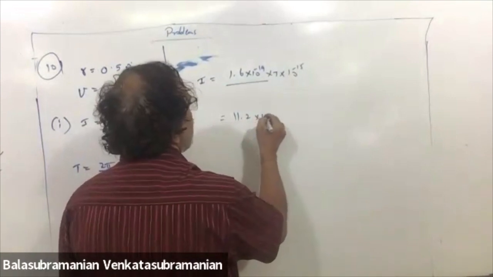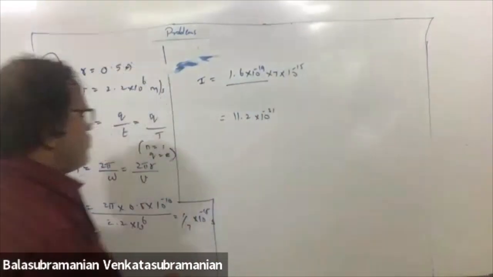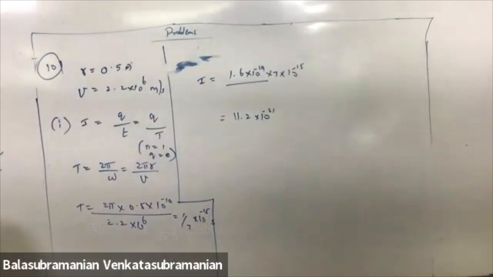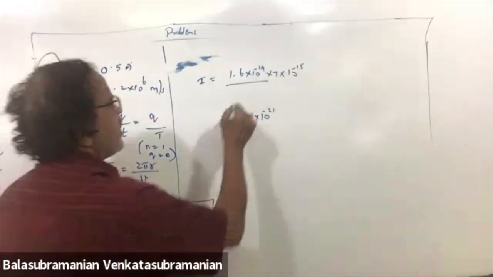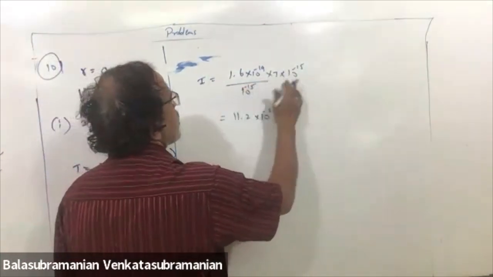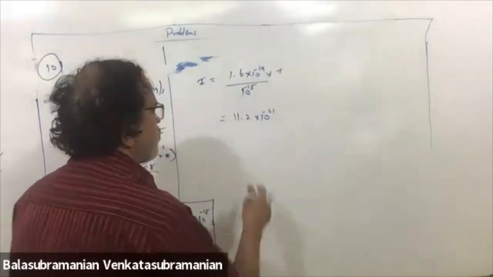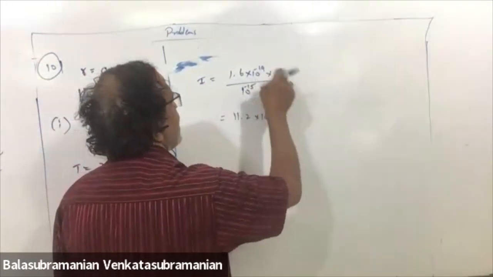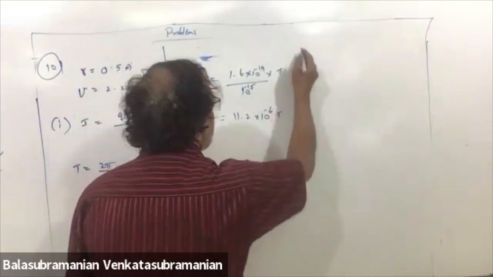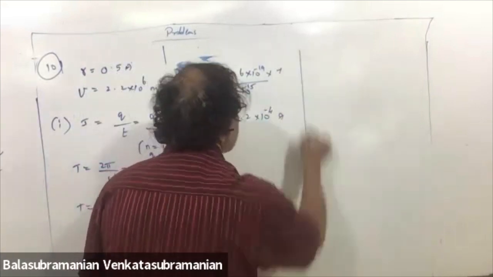Q by T only, no? 10 power minus 15 will be in the denominator, and the 7 alone will go to the numerator. So minus 19 plus 15 is 10 power minus 4 ampere.